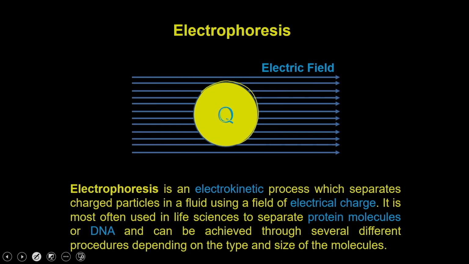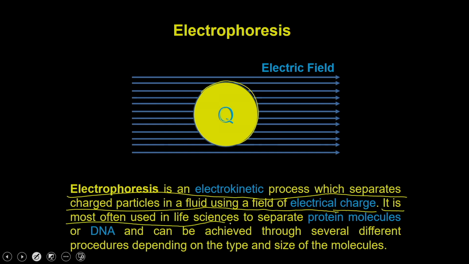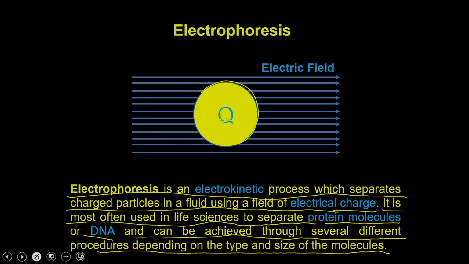Electrophoresis is an electrokinetic process which separates charged particles in a fluid using the field of an electric charge. It is most often used in life sciences to separate protein molecules or DNA molecules and can be achieved through several different procedures depending on the type and size of the molecules.